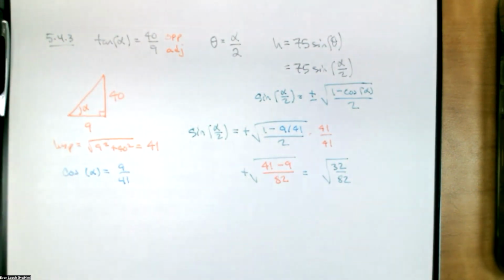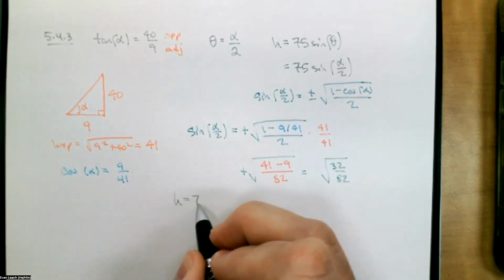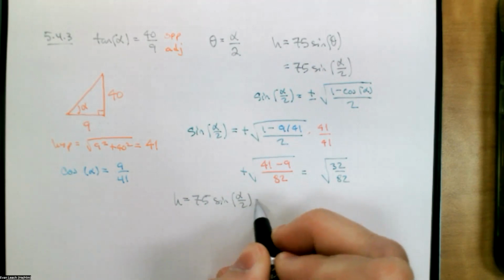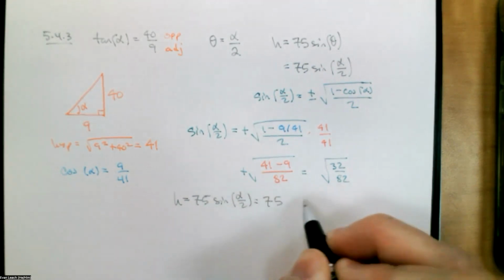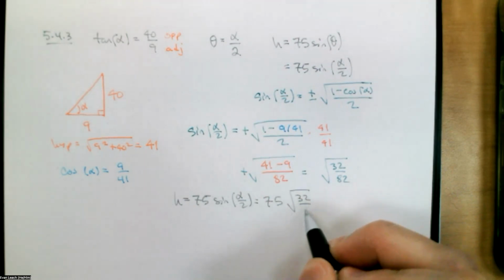Now we do want 75 of this because the height is 75 times the sine of alpha over 2. So the height is 75 times the square root of 32 over 82.